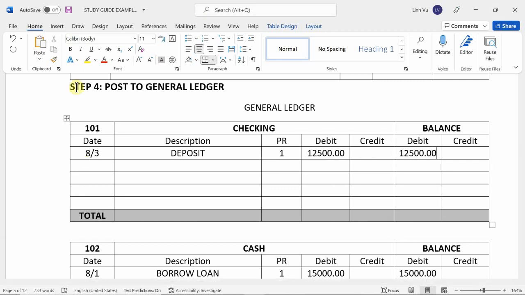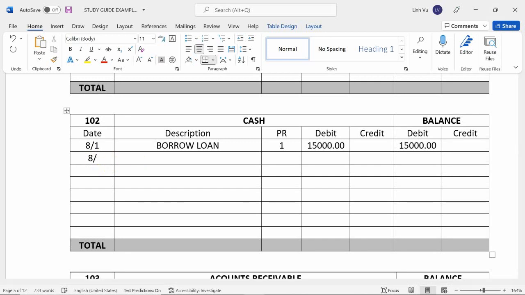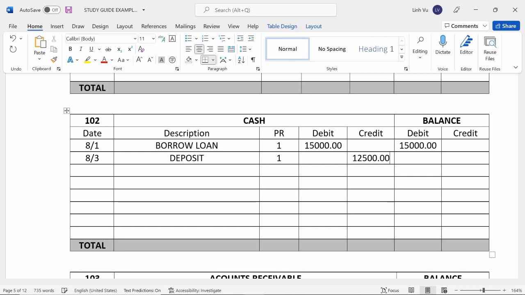And I decreased my cash account, right, which is a credit balance. I subtracted 12,500, so that should leave me with 2,500 left. In the cash I have on hand, I only have 2,500.